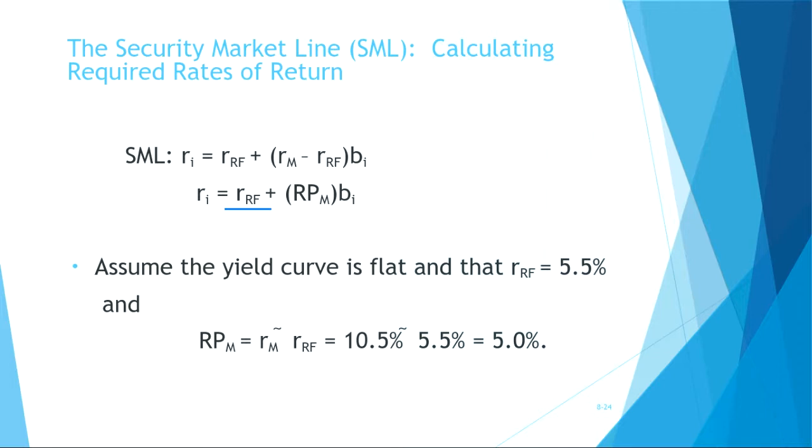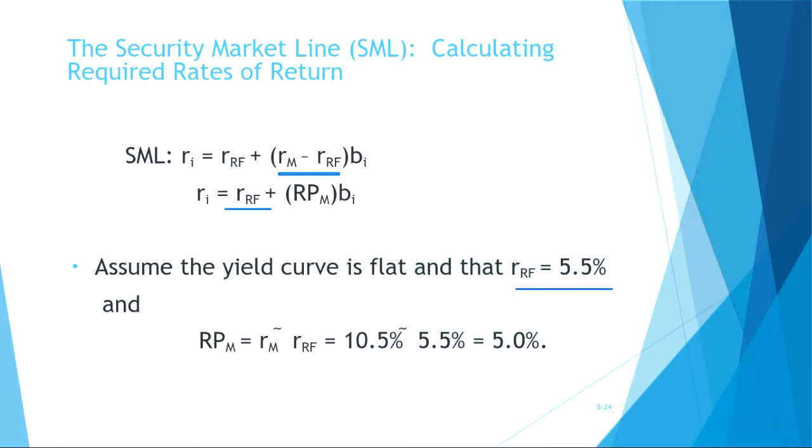So to calculate the security market line, we need risk-free rate plus beta times risk premium. Risk premium means the market return minus risk-free rate, right? We know that risk-free rate in our example is 5.5. It's given.